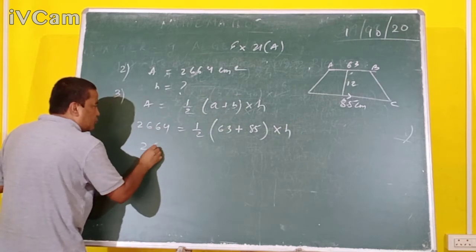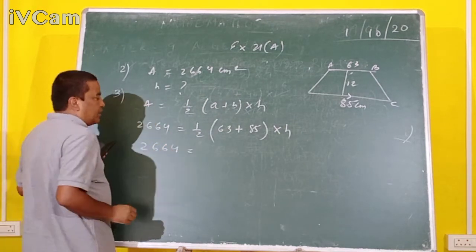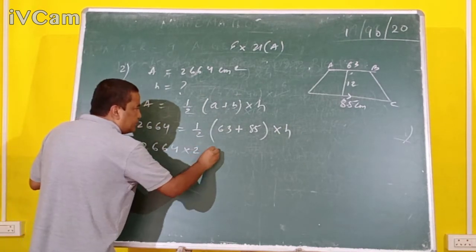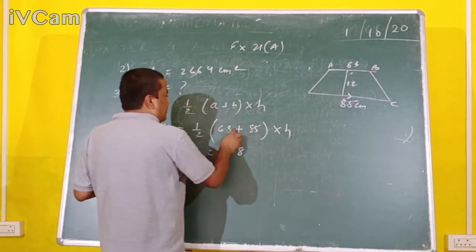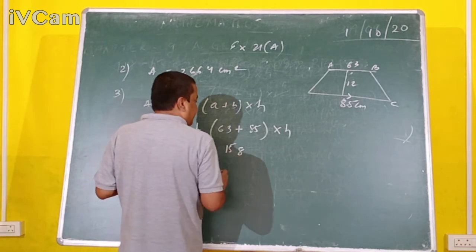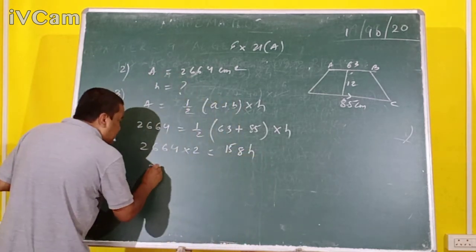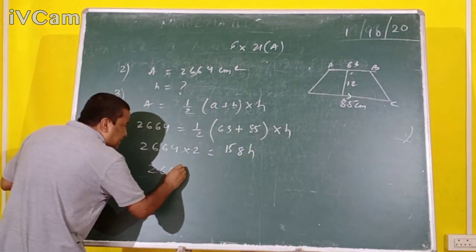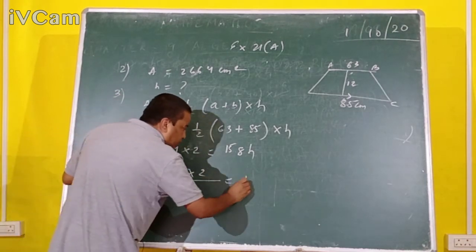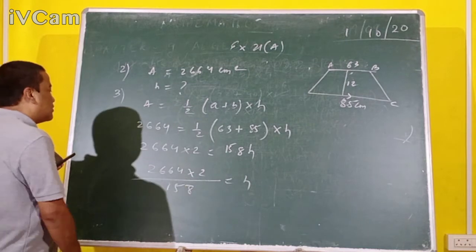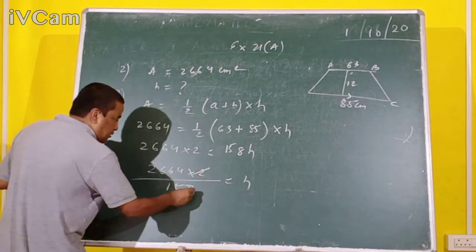Now multiply: 2664 into 2 equals 63 plus 85, which is 148. Now 2664 into 2 divided by 148 equals height. Take it out in the lowest terms, you will get the answer.